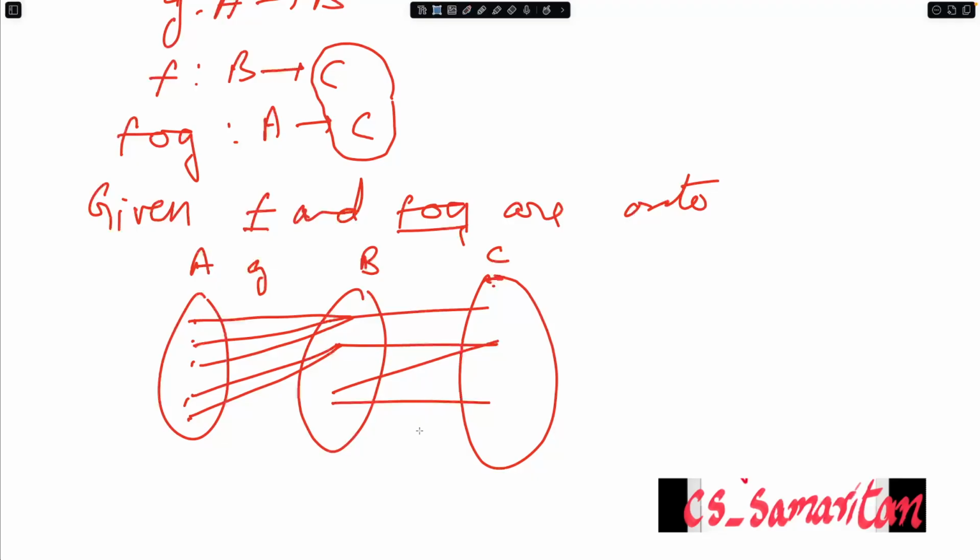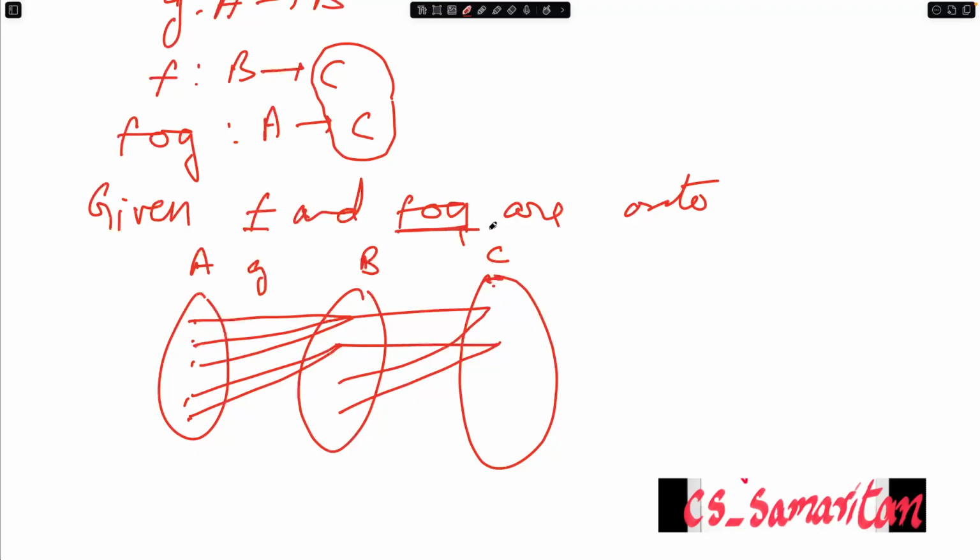So let's change our visualization so that we can have a better understanding. Let's assume that the rest of the elements of B map to the same elements as the ones that are used by G. These two elements in and of themselves must completely cover every single element of C for FOG to be onto.